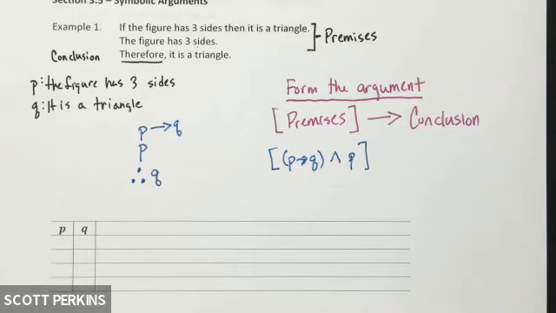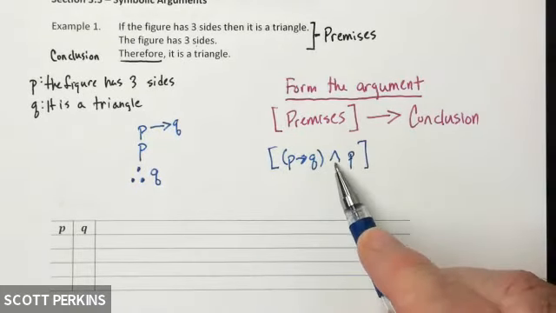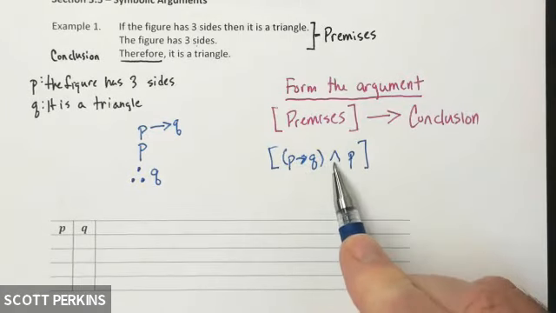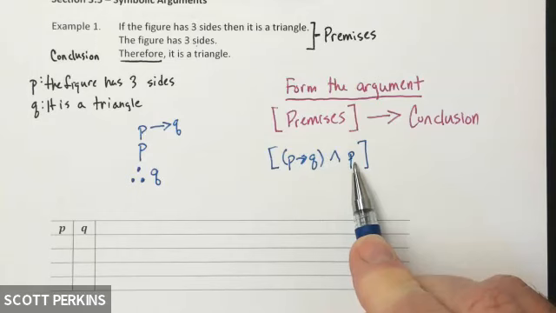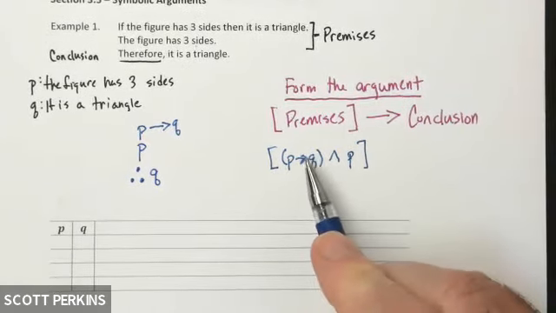Why did we put parentheses around the P arrow Q? So the question, in case you didn't hear, is why did I put parentheses around this? Because now I'm using this and I've got to separate. This is the first premise and this is the second premise. Okay, so these parentheses tell me that these two things go together.